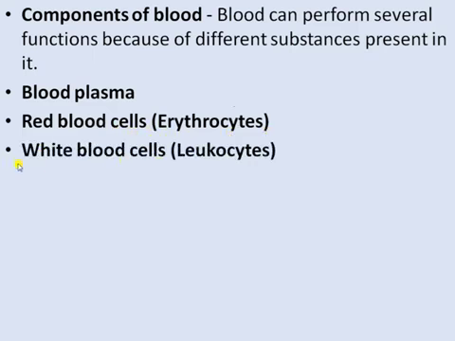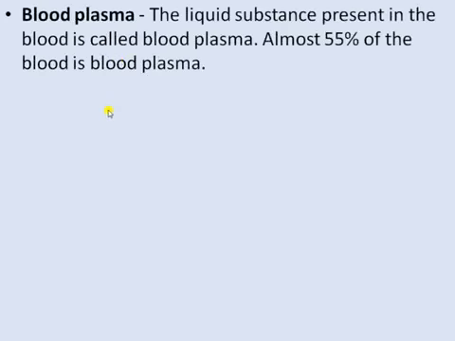Second is WBC, that is white blood cells. We can say that is leucocytes. And fourth one is the blood platelets. Another name of blood platelets is thrombocytes. Okay.